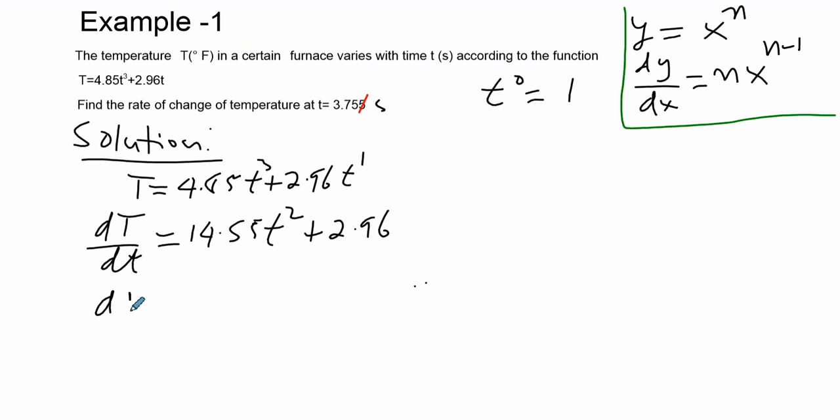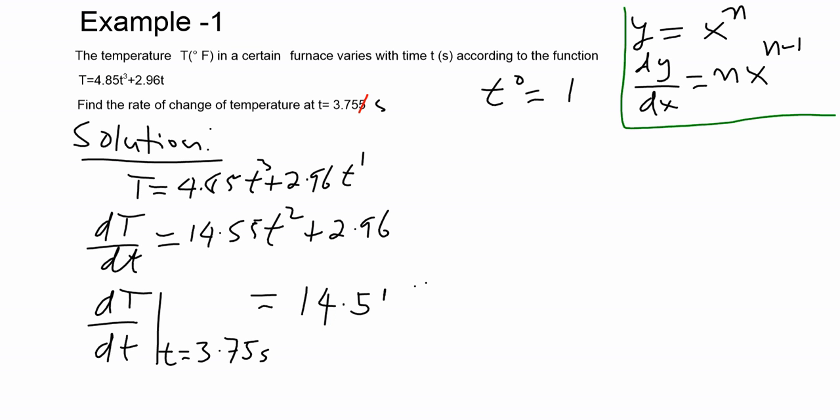Now we need to find the rate at that time. So dT/dt at t equals 3.75 seconds will be equal to, you just plug 3.75 into your equation: 14.55 times 3.75 squared plus 2.96.